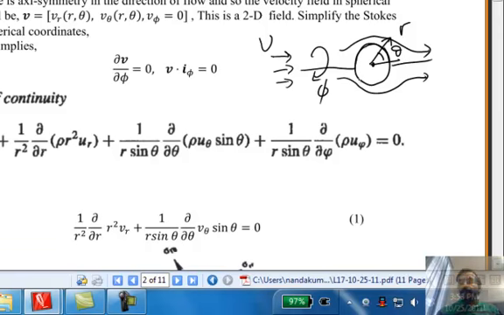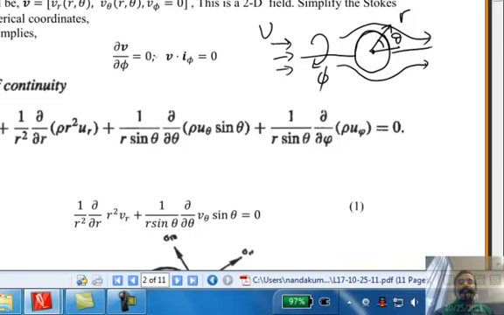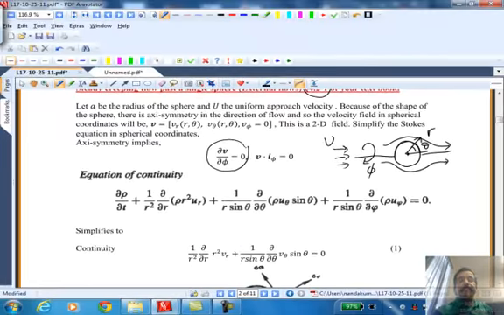Okay. So the conditions are that it is axisymmetric, meaning there is no phi component. There are only two velocity components, Vr and V theta. That's important for you to understand in your mind. Okay. Do you understand what we mean by axisymmetry? And how do you expect the velocity profile to look like?